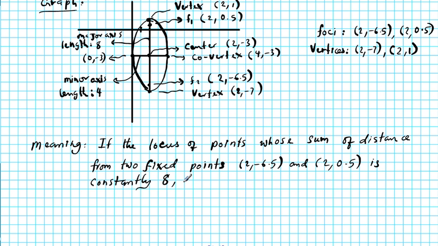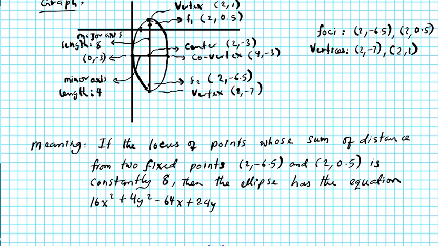Then the ellipse has the equation 16x squared plus 4y squared minus 64x plus 24y plus 36 equals 0.